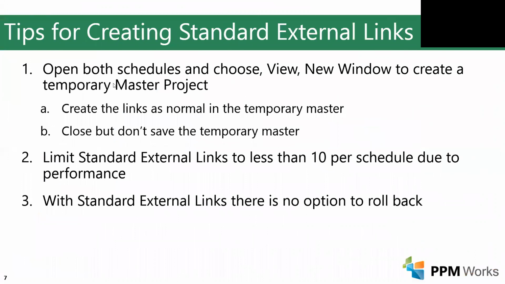Then you can create links just as you normally would inside a single project, and you can close, but you don't need to save that temporary master after links are created. So the recommendation for these standard external links is to keep them to less than 10 per schedule due to performance. And with standard external links, there's no option to roll back if you do move your schedule forward or back based on those links.